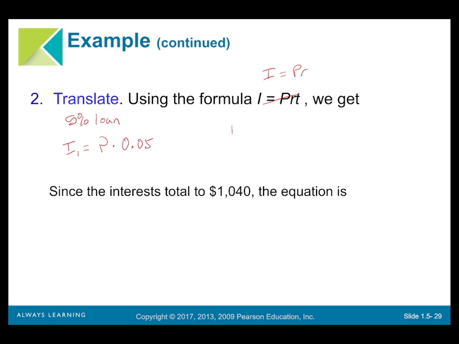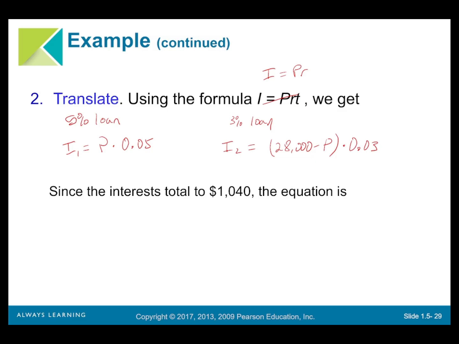And now for the 3% loan, I2 equals, and now instead of plugging in P, because P is the principal amount for the 5% loan, that means the principal amount for the 3% loan is whatever's left over of the 28,000. So that's 28,000 minus P, times its rate of 0.03.